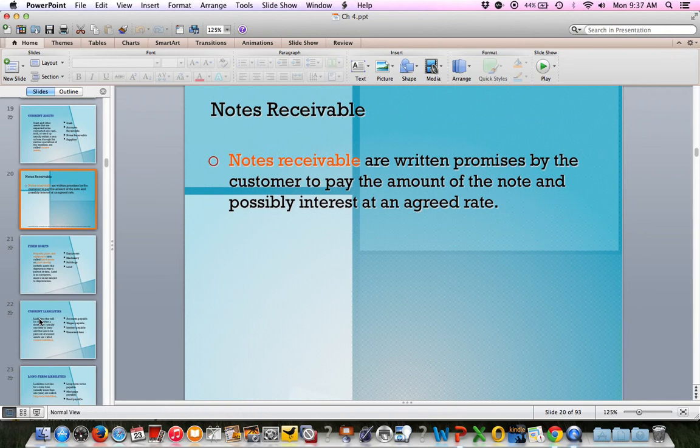Sometimes if you want to negotiate a longer deal to pay them back, they might be okay with that and issue a note receivable in exchange. So basically just a written promise between two people to pay a sum of money plus interest at some certain date in the future. So if that note receivable has a duration of 12 months or less, it would be considered a current asset.